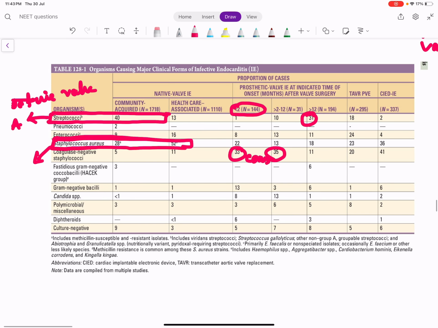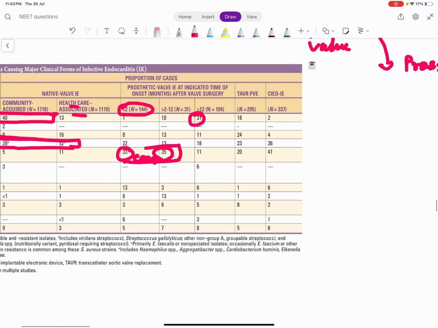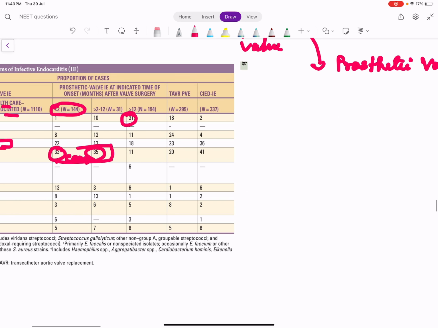So native valve endocarditis, Streptococcus. Healthcare associated native valve endocarditis, Staphylococcus aureus. Prosthetic valve less than 1 year, coagulase negative Staphylococci. More than 12 months, prosthetic valve endocarditis is again Streptococcus.